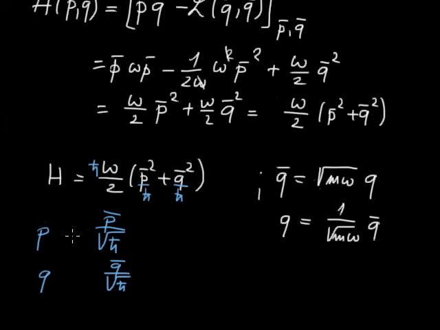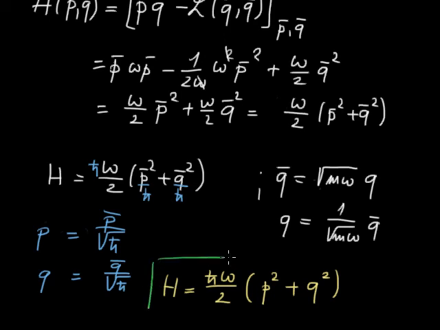So I introduce new coordinates that would look like this, and they will give me the final, most suitable form of the Hamiltonian, which looks quite quantum mechanical because it has h bar omega here, but it's still relatively classical. It's actually completely classical.